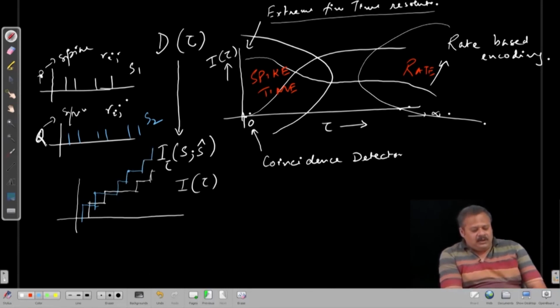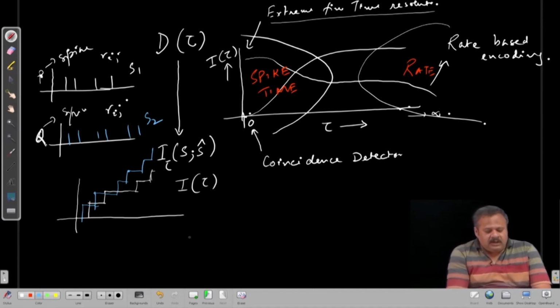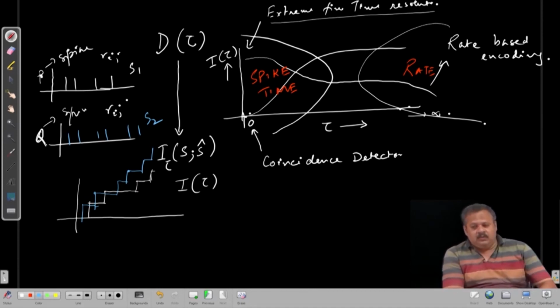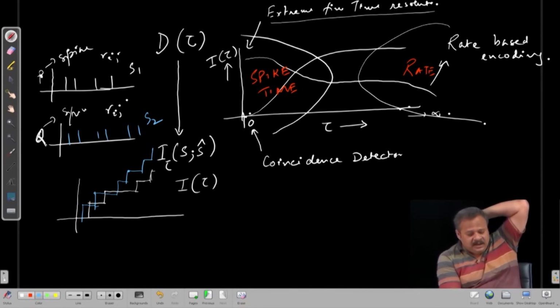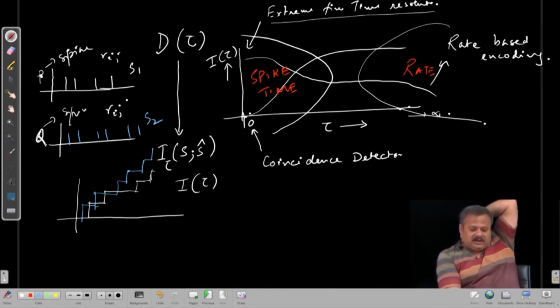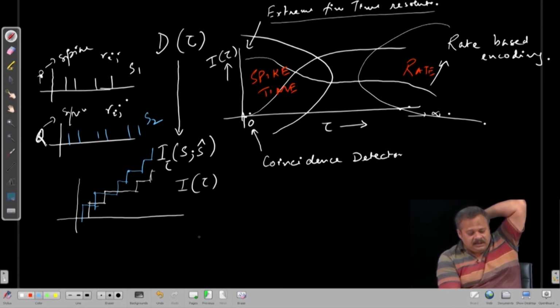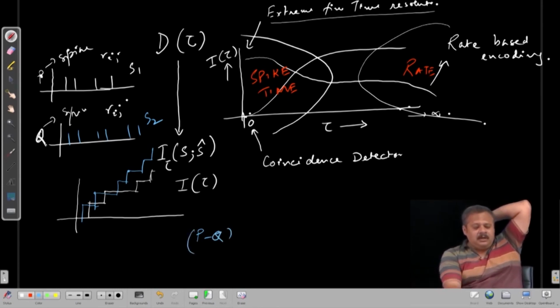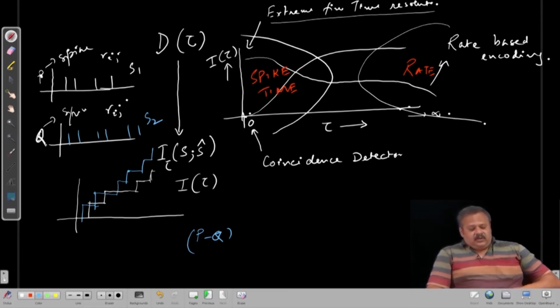And so when we look at the difference between the two, square it and integrate over the entire duration, it will turn out to be simply proportional to the difference in the number of spikes, p minus q, the cumulative value at the end, because the difference is going to go on up to p minus q.